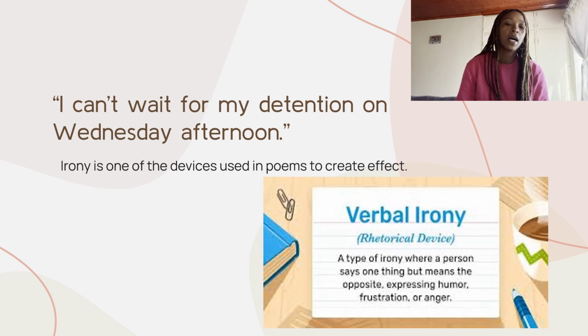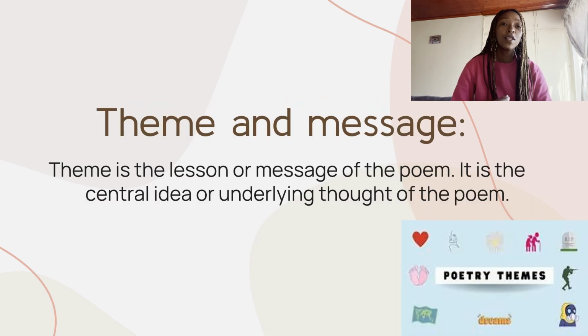Here's an example of irony. I can't wait for my detention on Wednesday afternoon. Is that ironic? Surely the child going to detention can wait forever to go, because I don't think anybody would be excited to go to detention. So that is irony.